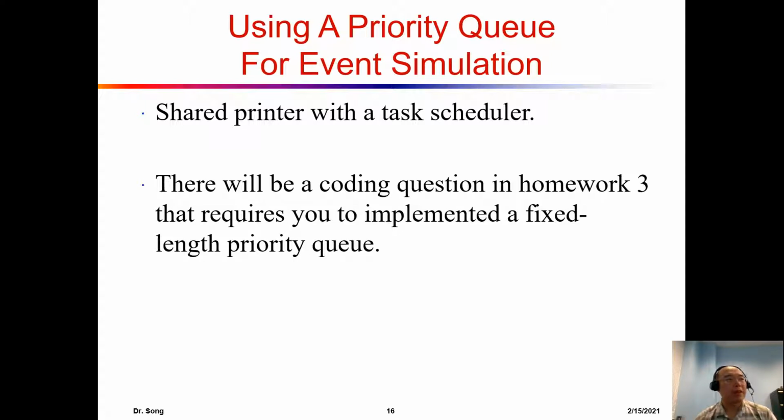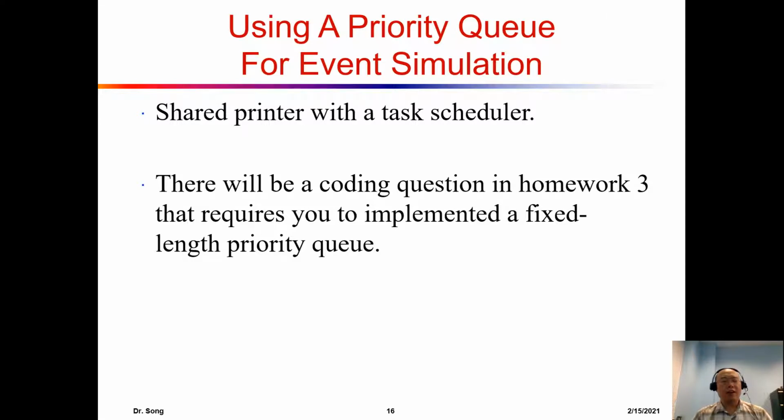Okay, let me give you an example. Let's assume that we are a really poor institution. We have many people, and we share only one printer. This means that when each of us is trying to print something on campus, the task will be sent to that single printer. So this printer might be busy.